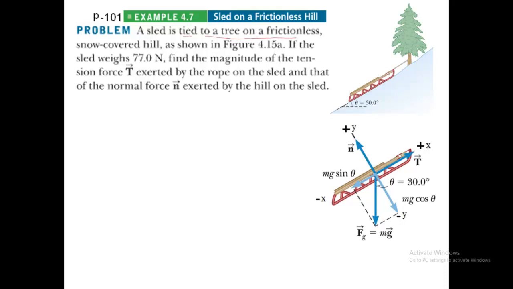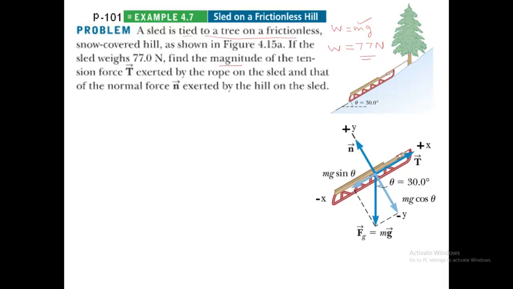The sled weighs 77 newtons. So weight mg is equal to 77 newtons. Newton is the unit of force or unit of weight. So W, that is mg, is directly given to you. Find the magnitude of the tension force.